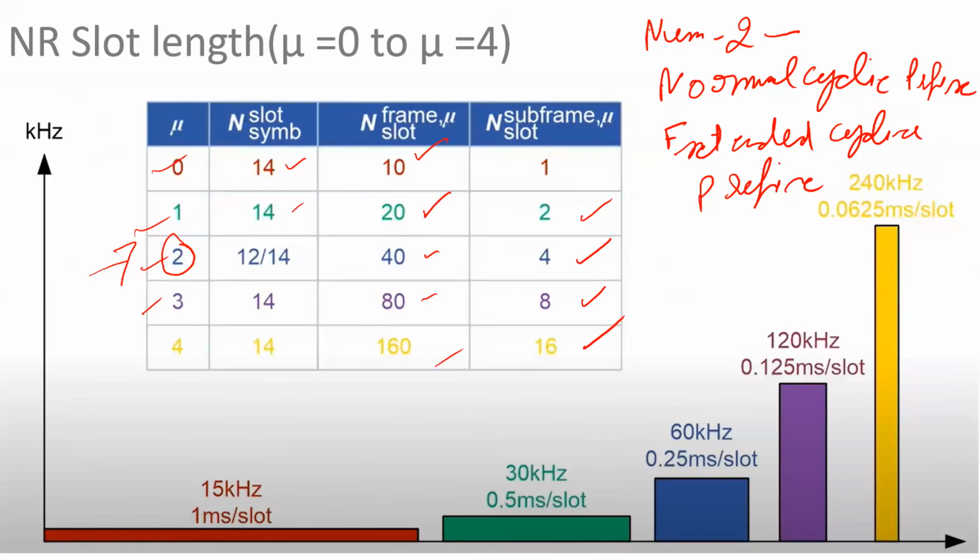And again, our TTI, our transmission time interval, will change according to our subcarrier spacing. When our subcarrier spacing is 15 kilohertz, our TTI is 1 millisecond per slot. When 30, it will be 0.5 millisecond. When 60, it will be 0.25, and when 120, it will be 0.125 milliseconds. Okay.